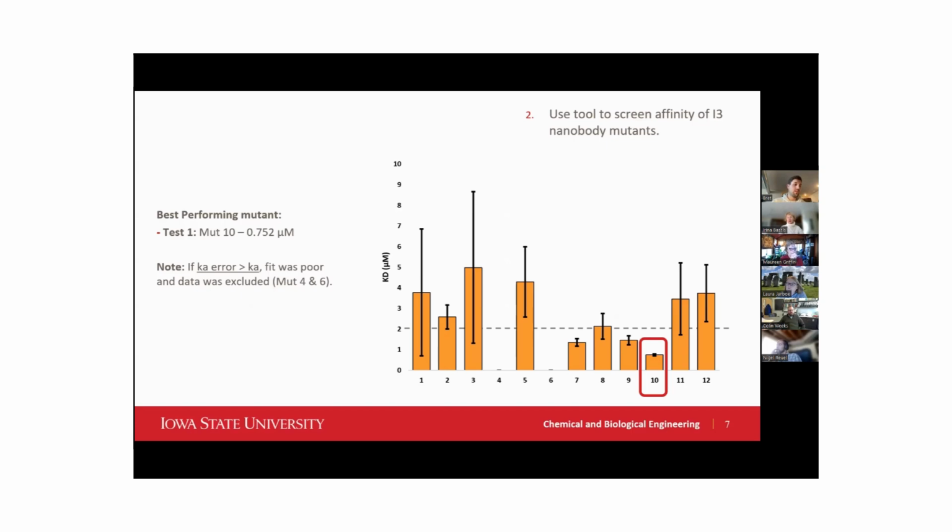Our collaborators had also provided me with 12 different nanobody mutants to test for improved affinity. I was able to use my screening tool to rapidly express and characterize these 12 mutants. From this initial screen, we can see mutant 10 had a slight improvement in affinity at 0.75 micromolar, but overall not a dramatic increase.